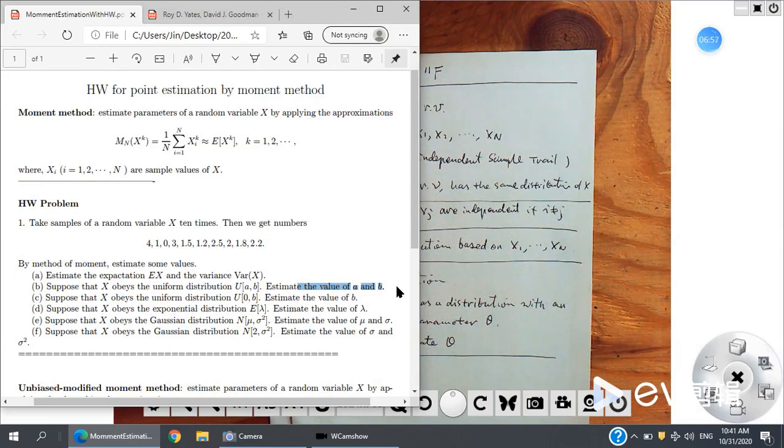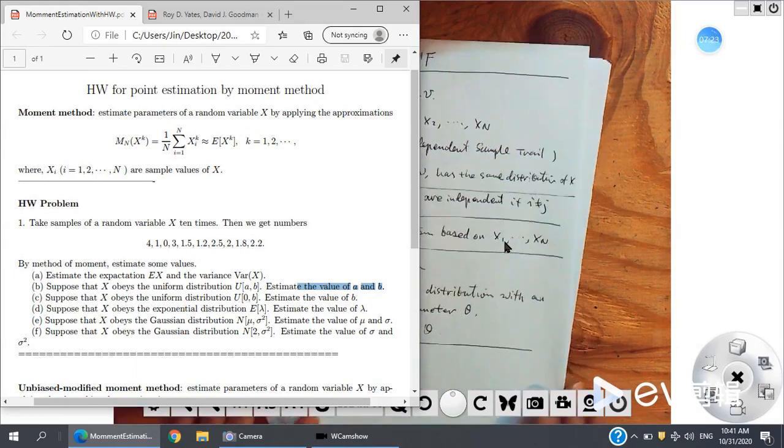You do not know these two values. You need to estimate them. Okay, so all of these are typical problems for point estimation. So point here means a single value, a point. For a parameter, you want to know a single value of that parameter. All right. Okay, this is a problem.